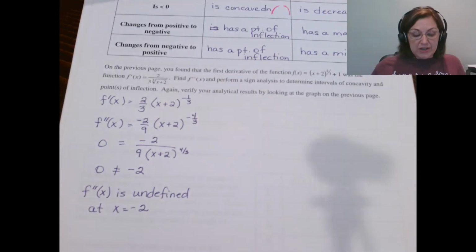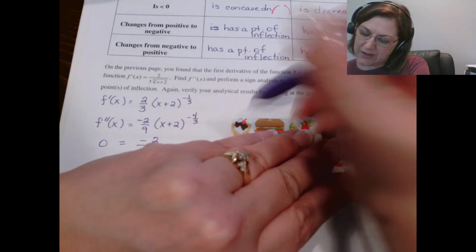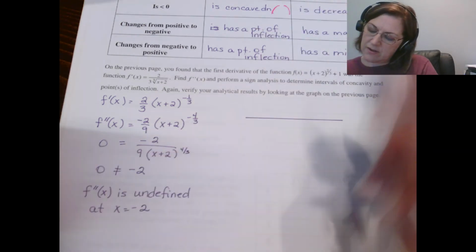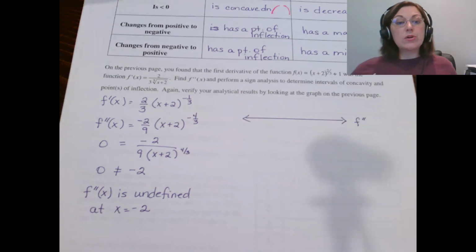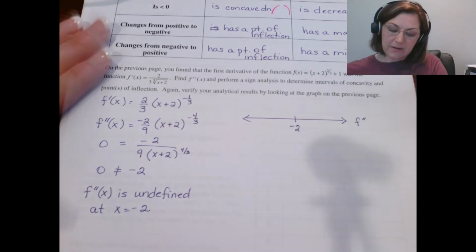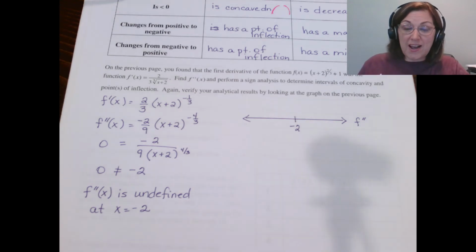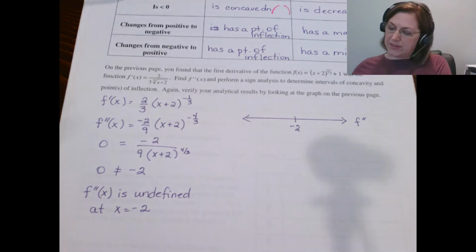Now we're going to do another number line, but this time we do it with the second derivative. We're still going to put -2 on it because that's where the second derivative is undefined. We're still going to test each side of the -2, but we're going to test it in the second derivative this time.